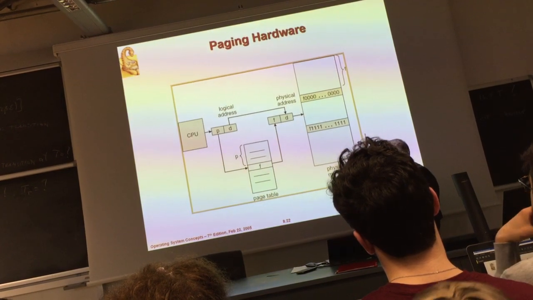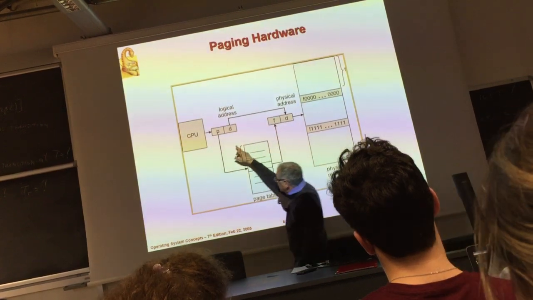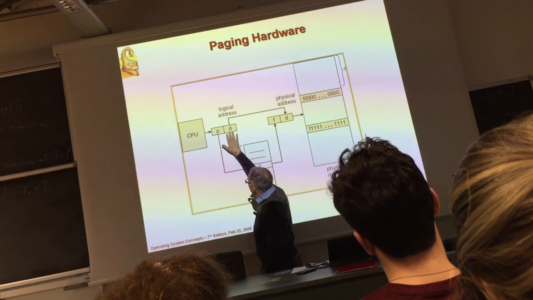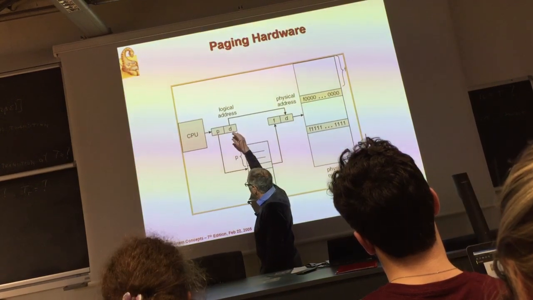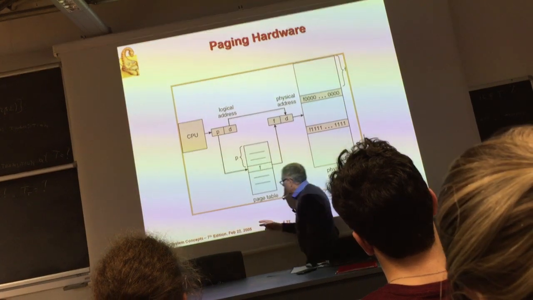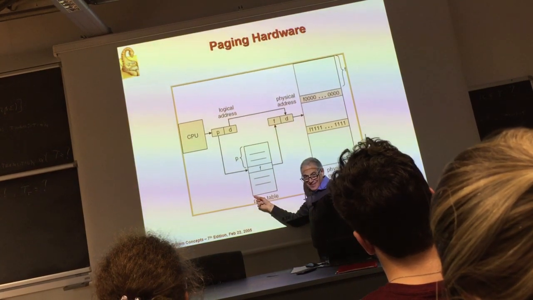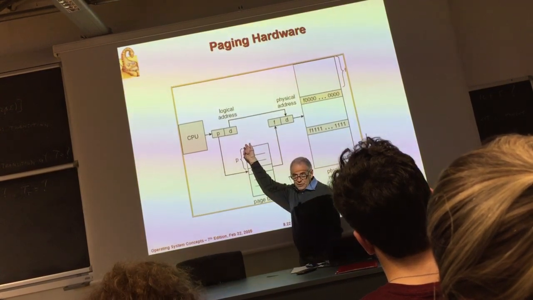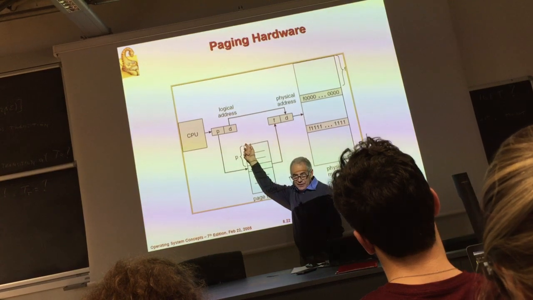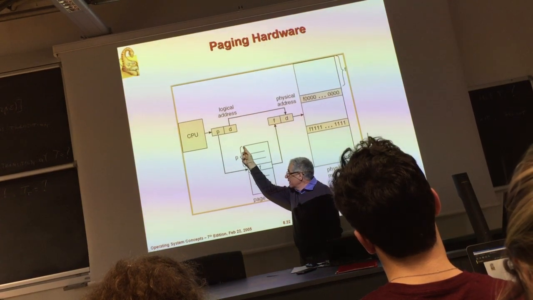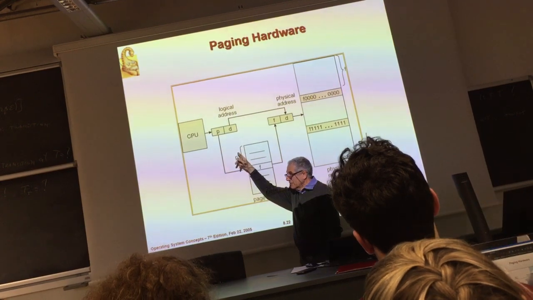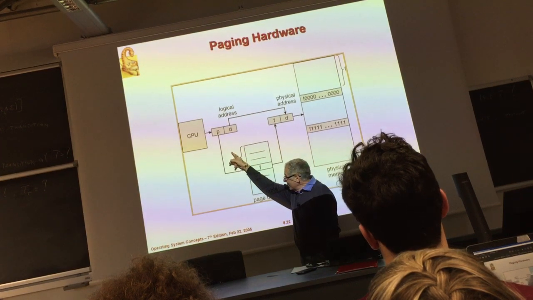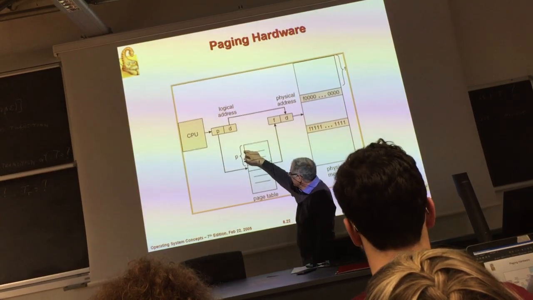And the CPU generates 32 bits. The first part is the page number, the second is the displacement or offset. Hidden here, there is a register that points to the beginning of this page table. When a process runs from the context switching, the kernel fills this register that is not shown here with this address. Okay? So add a register here.